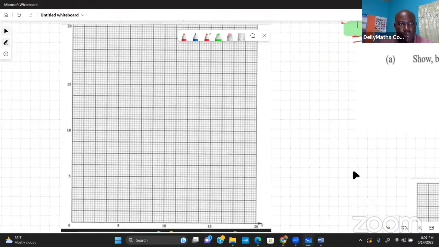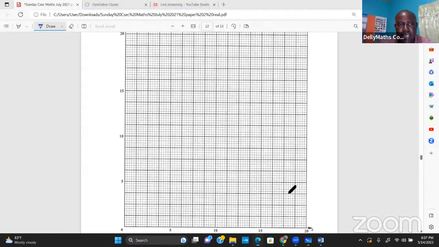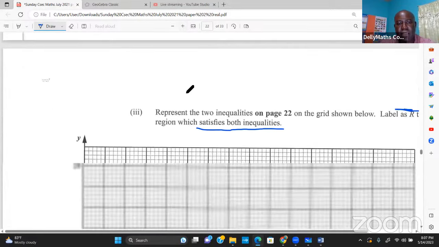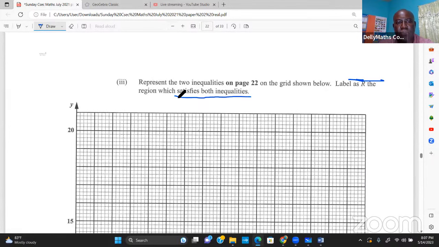Let's go back to the question. You want to read so that you understand exactly what they're saying. It says represent the 2 inequalities on the grid shown, and then label the solution.